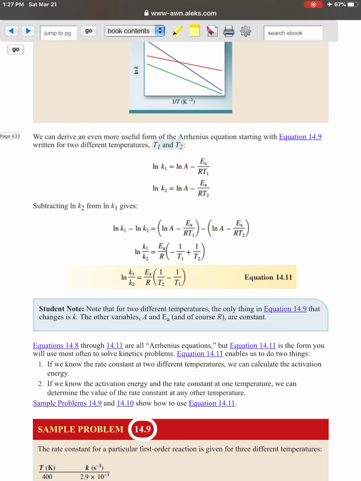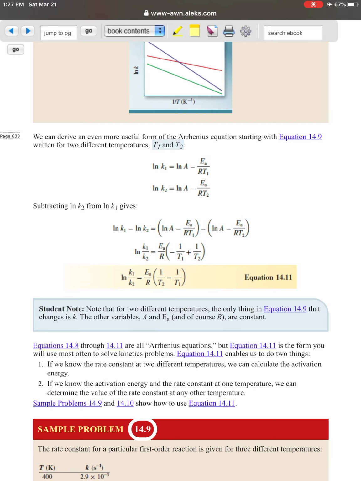So now, suppose we just say, let's take ln k1 minus ln k2. That would equal ln A minus E_A over RT1 minus ln A minus E_A over RT2. The ln A's cancel, right? So now you have ln k1 minus ln k2. However, the difference in logs is equal to the log of the ratio. So that difference can be expressed as ln k1 over k2.